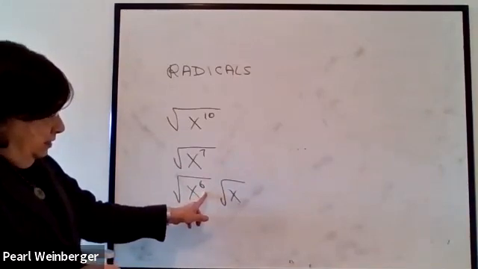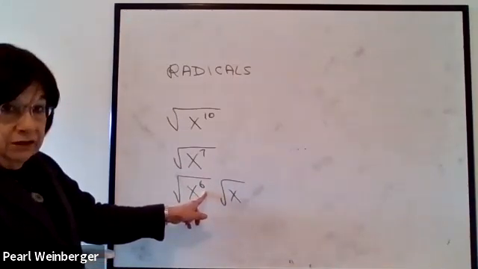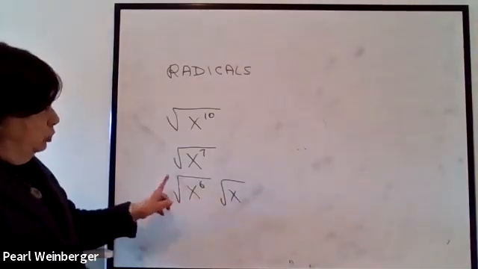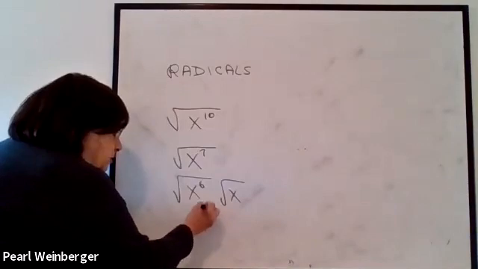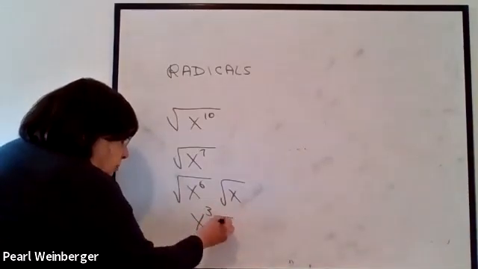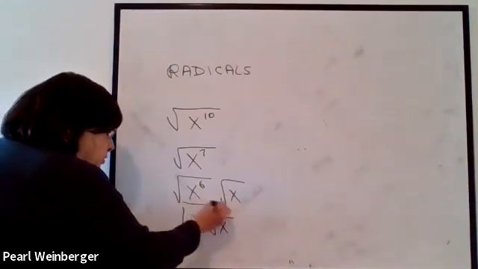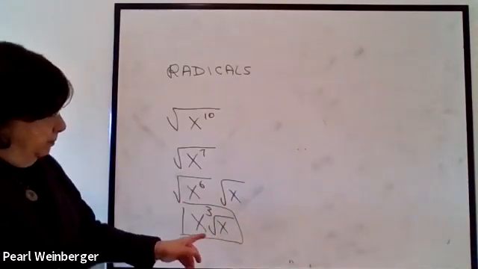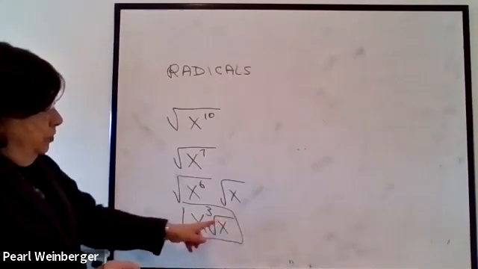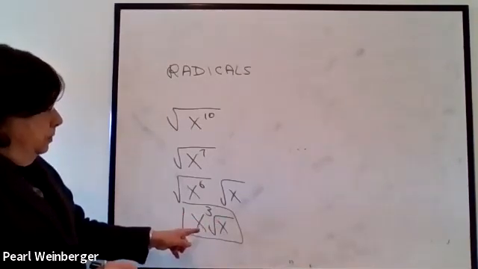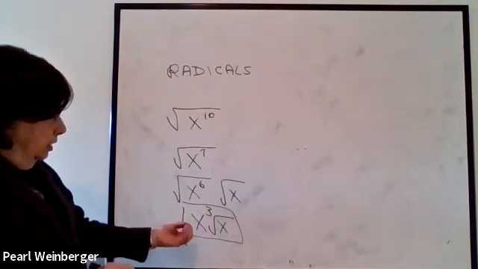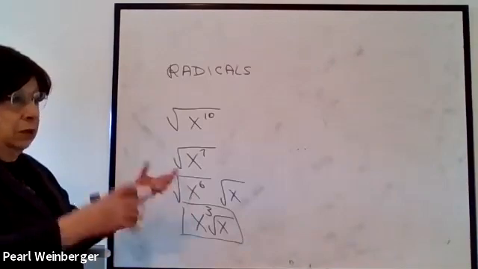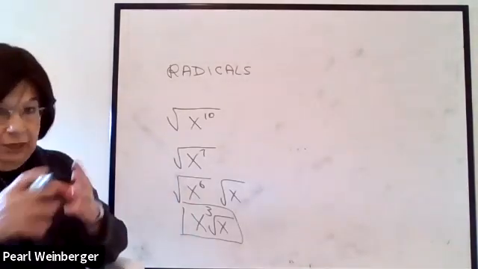And this x to the 6 is now a perfect square because its exponent is even. So now I'll divide the 6 by 2. We'll get x to the 3rd outside the radical times radical x. So that's what we do when it comes to simplifying radicals with variables. Make sure that if your variable doesn't have an even exponent, break it up into 2 parts, just subtracting 1 from it.